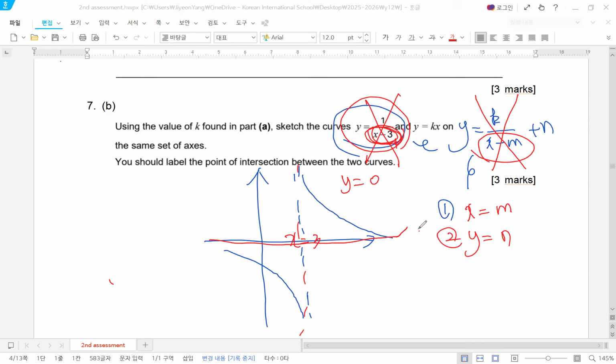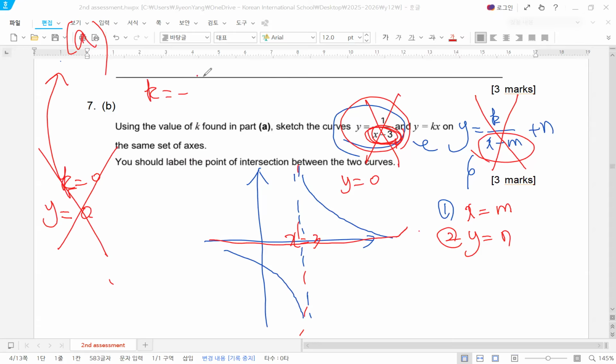From here, you can see, if k equals 0, then y equals 0. So it doesn't touch this graph at all, so we need to rule out this one. So go back to question a and rule out this value. Then the second value was k equals negative 4 over 9. Therefore, the graph y equals kx should be y equals negative 4 over 9 x. You should draw this graph.